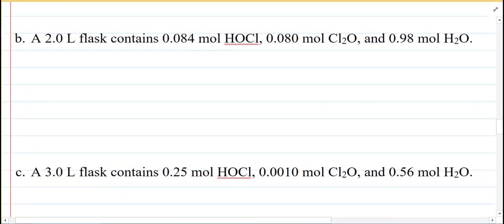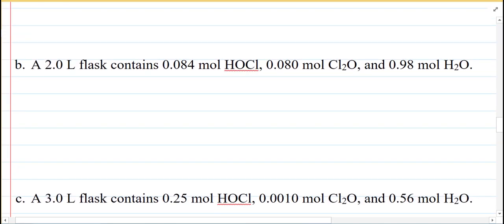B, a 2-liter flask contains 0.084 moles of HOCl, 0.08 moles of Cl2O, and 0.98 moles of water. So for B, we'll use this color.